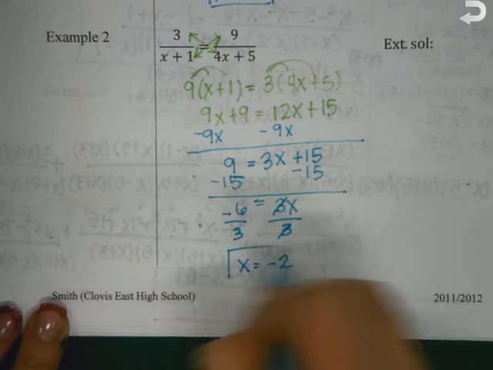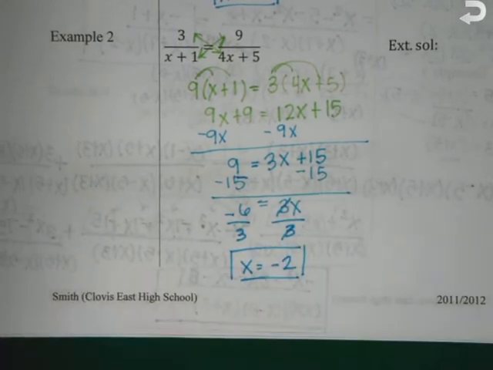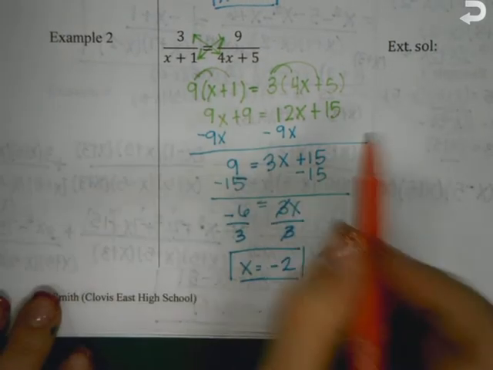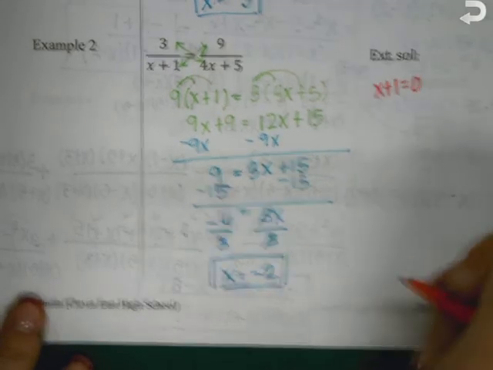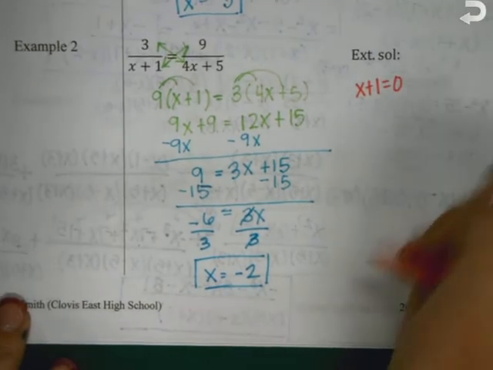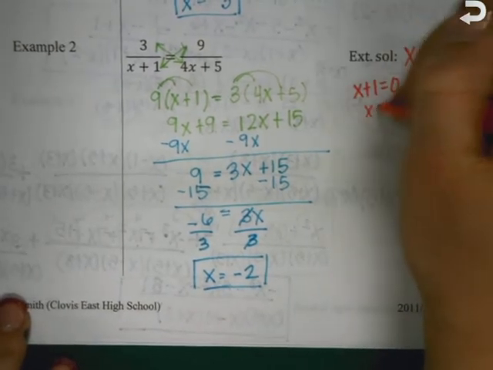Okay, now let's check those denominators to make sure that negative 2 actually does work here. So I'm going to set x plus 1 equal to 0. And that gives me x equals negative 1. So x cannot equal negative 1.